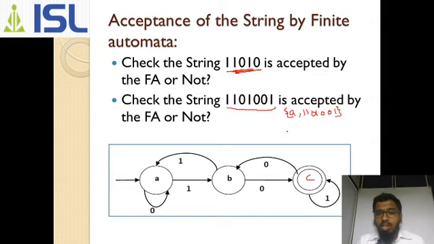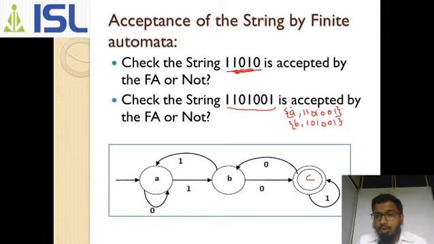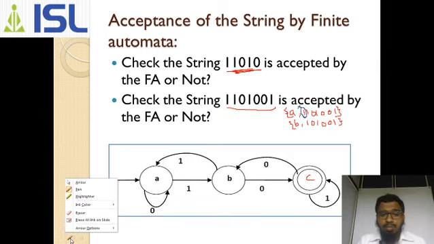If A is 1, it is going to B, comma, 101001. So we are removing this one. Okay, the remaining string we are writing as it is.